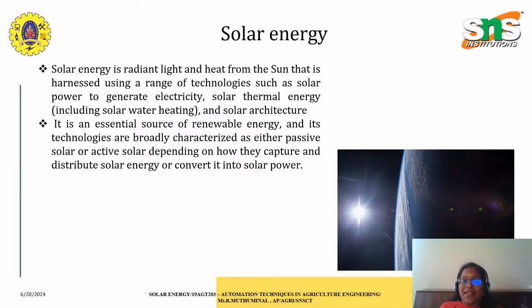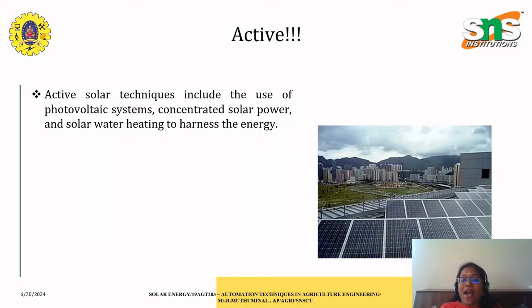That is, solar energy can be retrieved through two broad characterizations, either passive solar or active solar. Active solar is the technique which includes the use of photovoltaic systems, concentrated solar power and solar water heating to harness the energy.